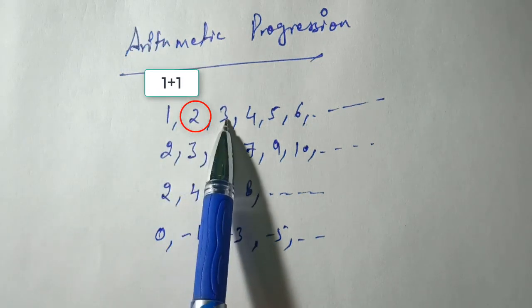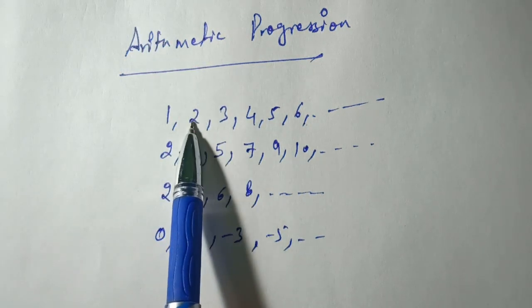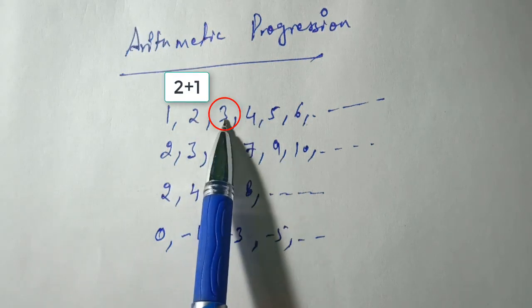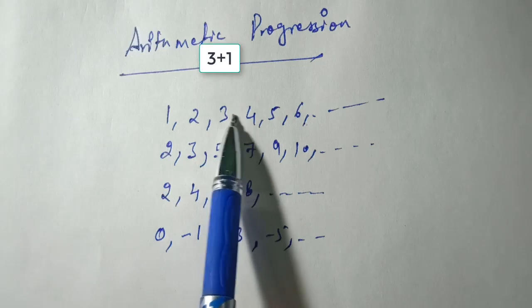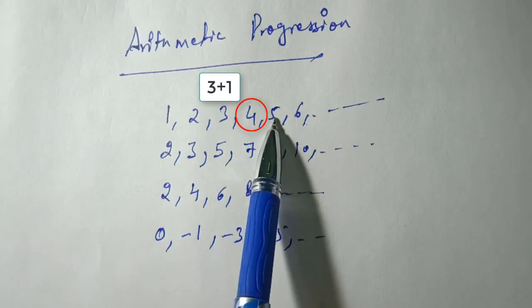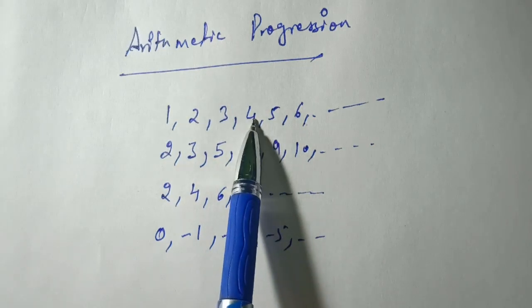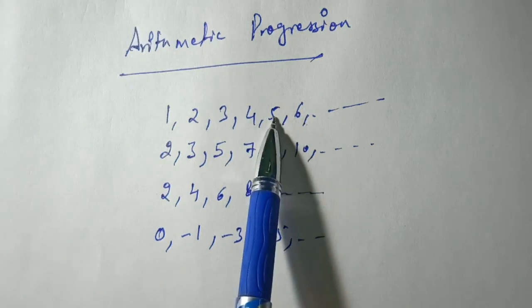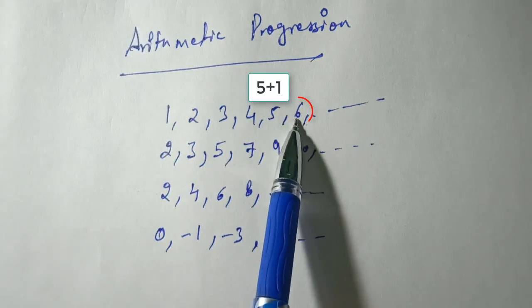Third number is formed by adding 1 to the second number. 2 plus 1, 3. Fourth number is formed by adding 1 to the third number. 3 plus 1, 4. And 5 is formed by adding 1 to the 4. 4 plus 1, 5. 6 is formed by adding 1. 5 plus 1 equal to 6.